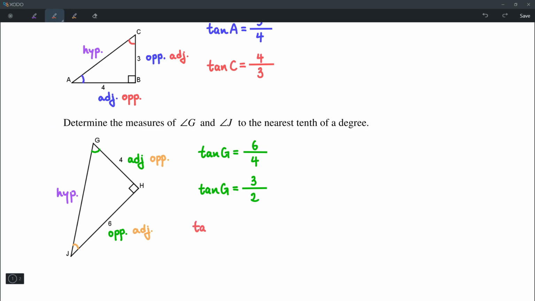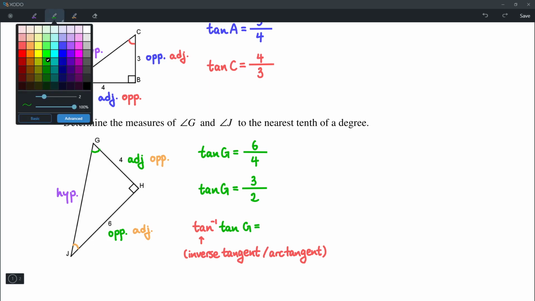Inverse tangent, or arctangent, which will eliminate tangent, which is in front of the G. So we'll get G by itself at the end.